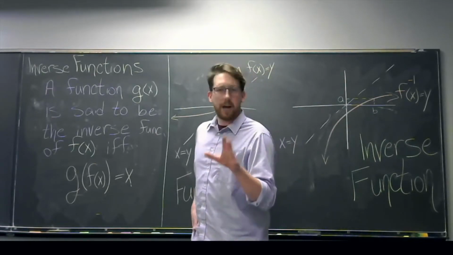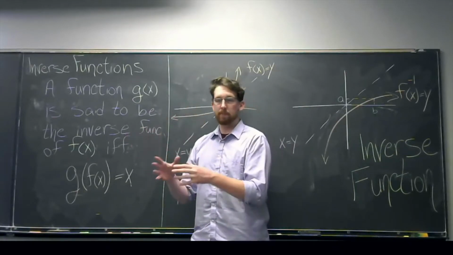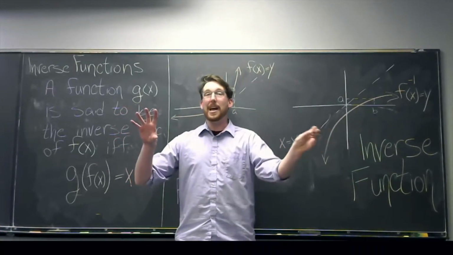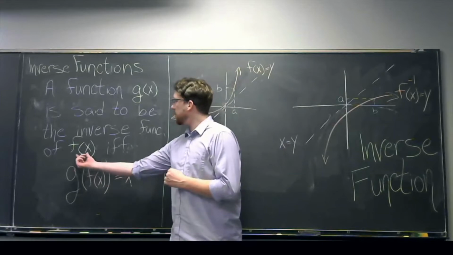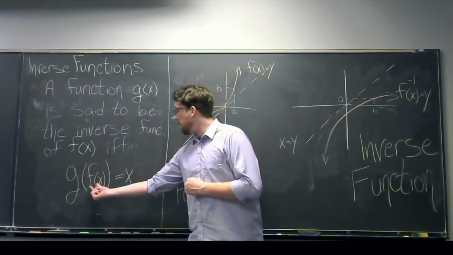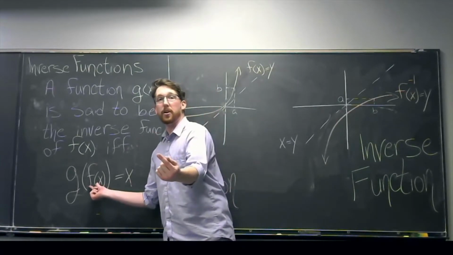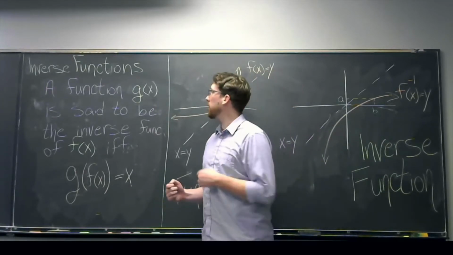We've got a function f of x, and it gives us a y value. We want to go from y back to x. That's like saying I've got this function f of x, it gives a y. I'm going to take this y value, put it inside of another function, and it's going to give me an x value back. This is what's known as an inverse function.